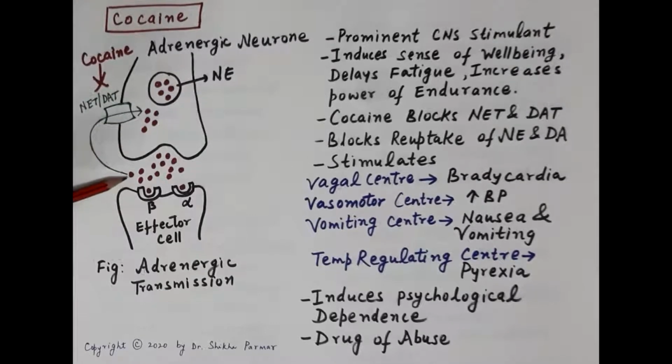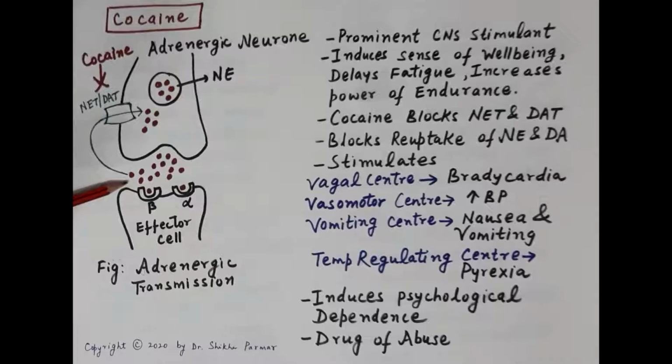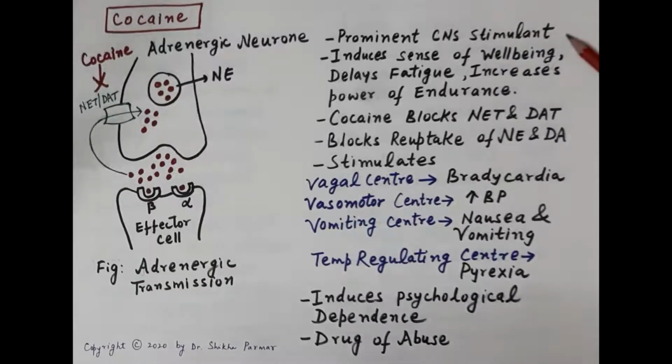Thus, like amphetamine, cocaine also increases the availability of dopamine and noradrenaline at the synaptic cleft, and therefore it acts as a CNS stimulant. So, cocaine is a prominent CNS stimulant.